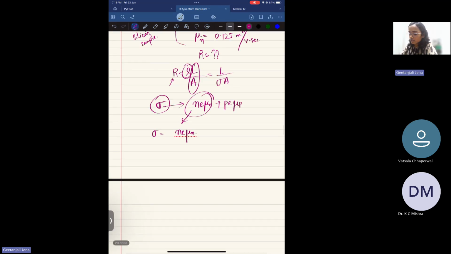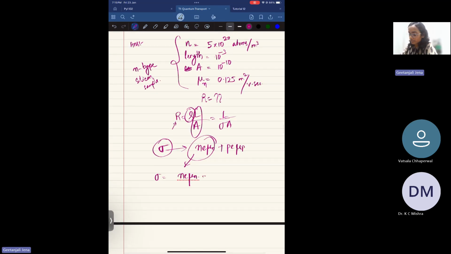N is also given, the number density. It's 5 into 10 to the power 20. E is 1.6 into 10 to the minus 19, and mobility is 0.125. Do check the units while doing the calculation. If the units are not matching, try to convert them.